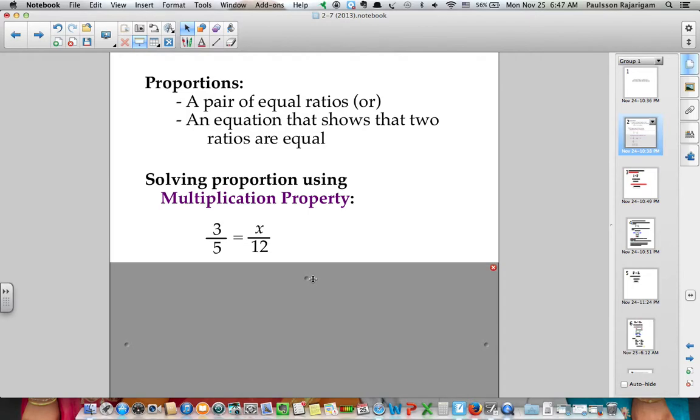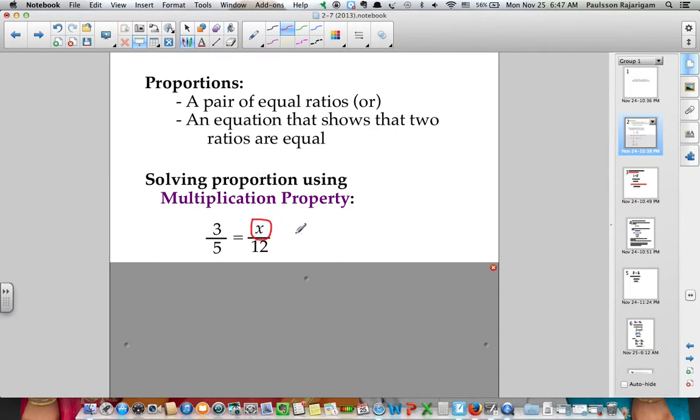So let's say I have a proportion 3 to 5 equals x to 12. I can isolate x by multiplying both sides of the equation by 12.